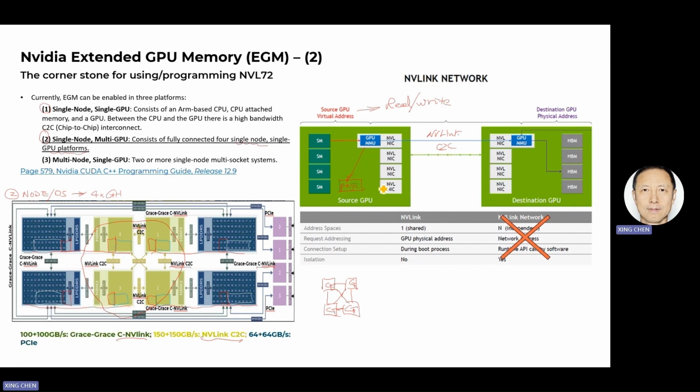But because this is reading or writing to the remote GPU, there is the possibility there is no entry for this virtual address translation. So the way to have it work is that this GPU has to ask the other GPU to look after their page table. There is another page table. Let's draw it this way.